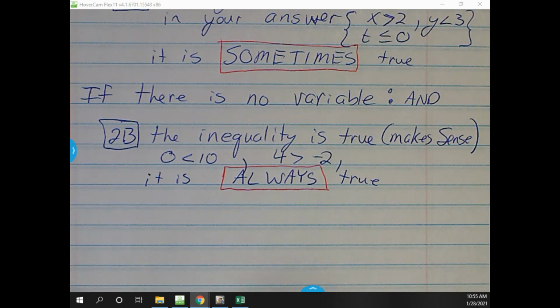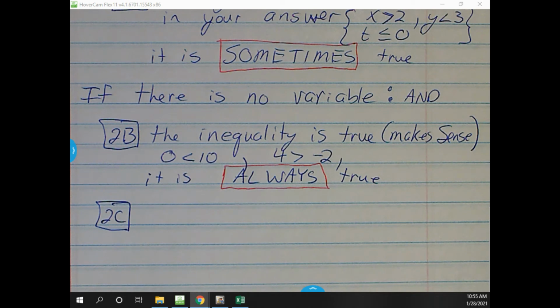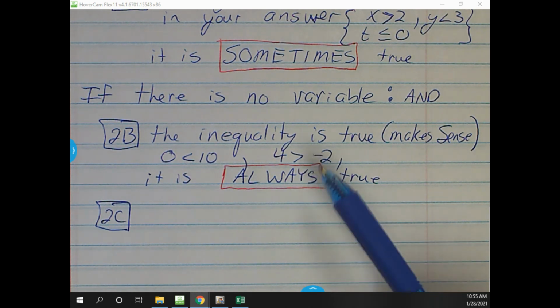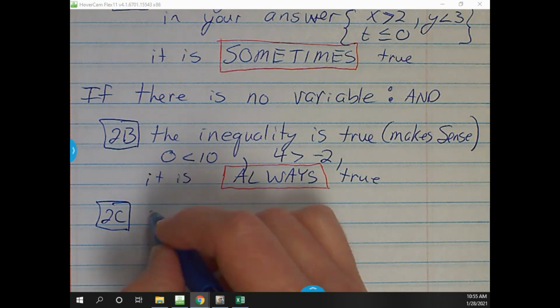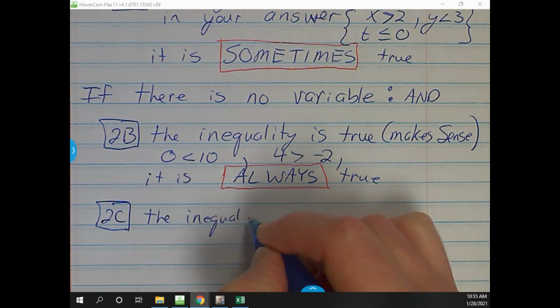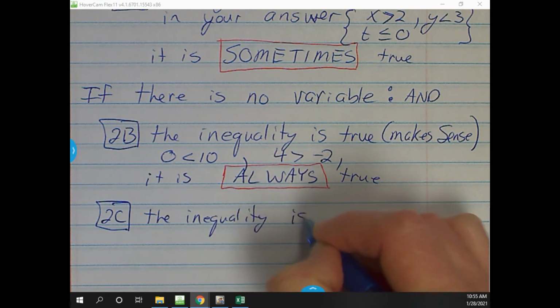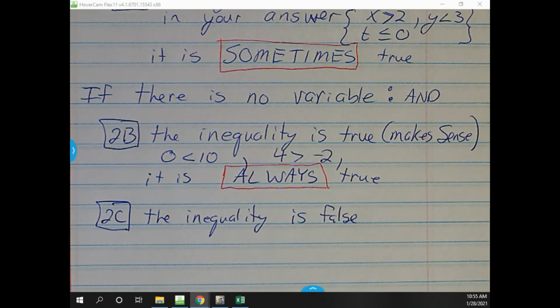Okay, and then the other option, if you remember back a couple of days ago, if we've taken care of the always, we've taken care of the sometimes, the only way for it to be never true is that the inequality is false, which means it doesn't make sense.